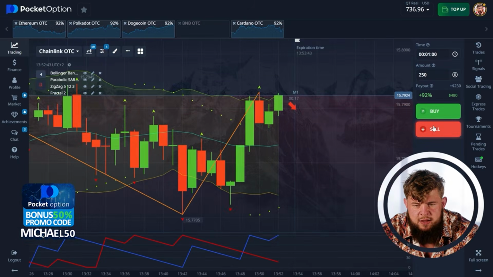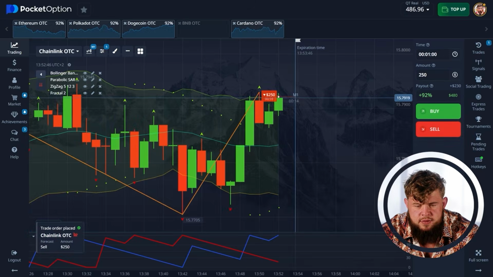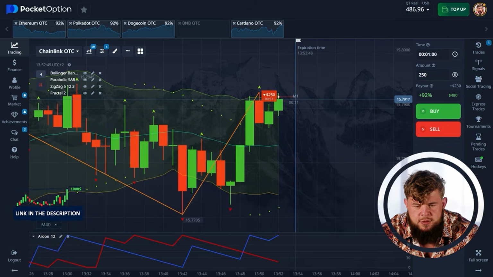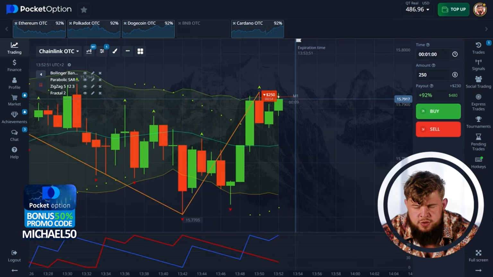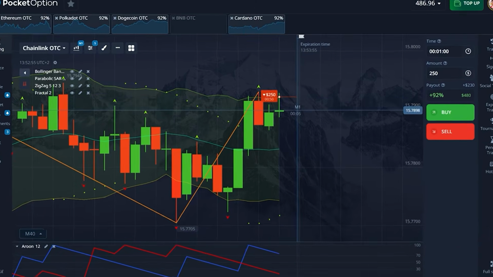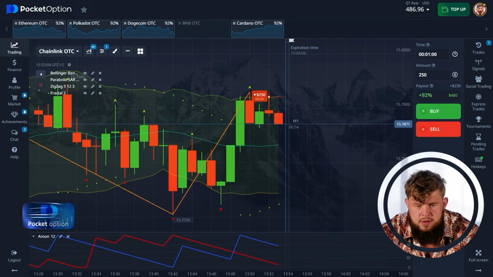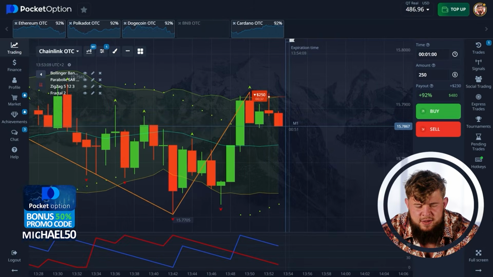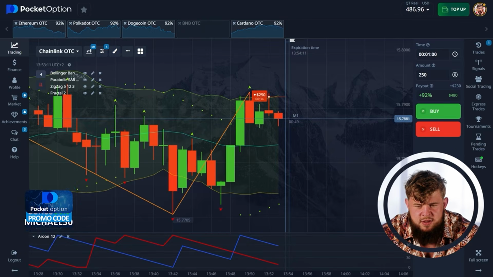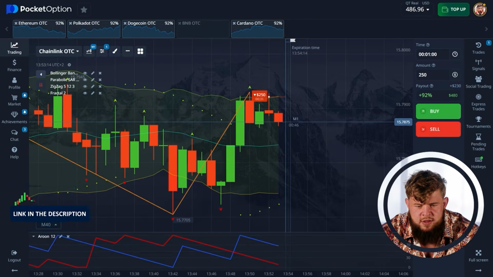So let's try to open sell position from here, because we're highly likely to drop. We have invested $250 here. So let's do this. Just like several minutes left, and we will see the result of this trade.